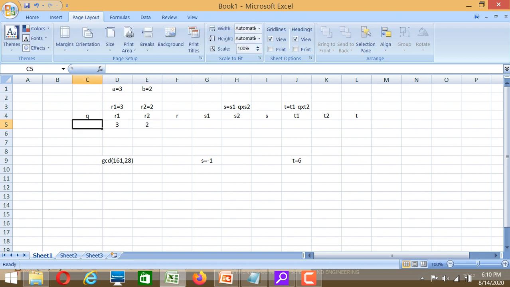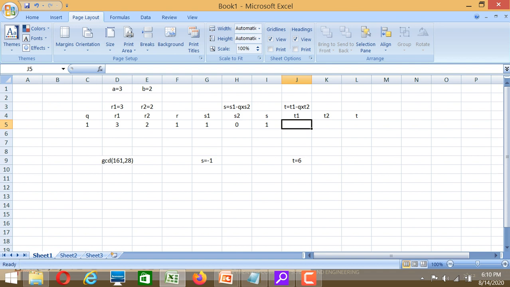Now quotient: 3 divided by 2, 2 divides 3 one time. So 2 ones are 2, the remainder is 1. Then initial S1 is 1, initial S2 is 0. S is equal to S1 minus Q into S2, that is equal to 1.